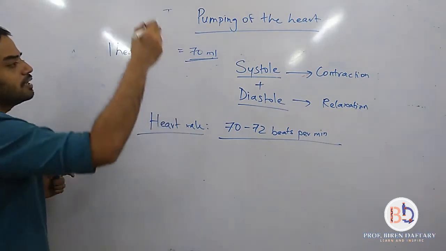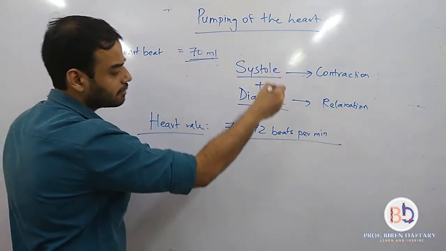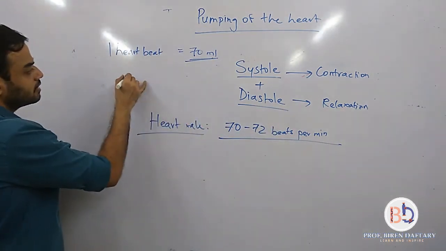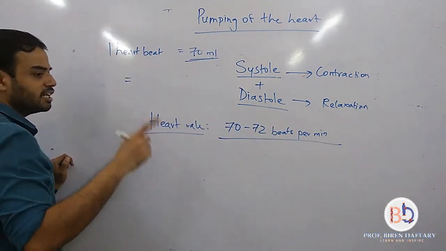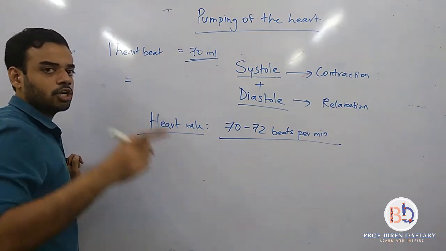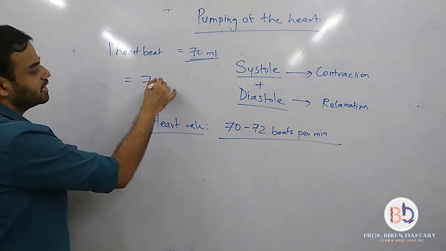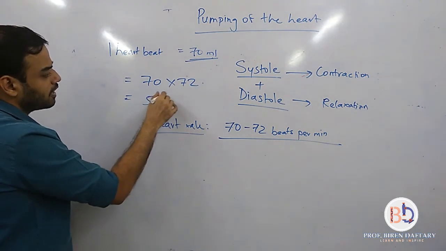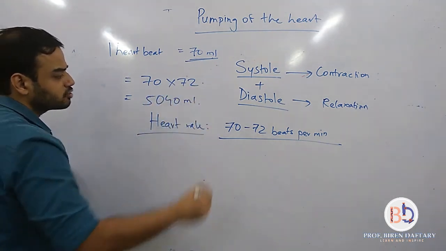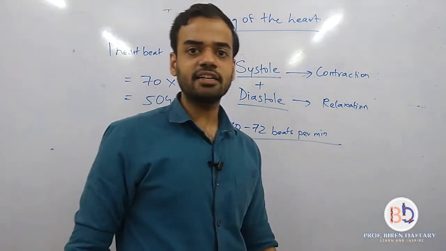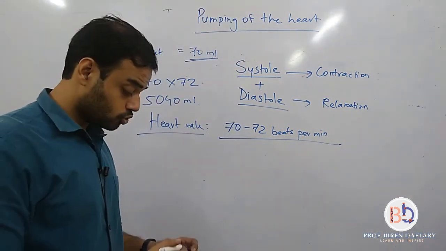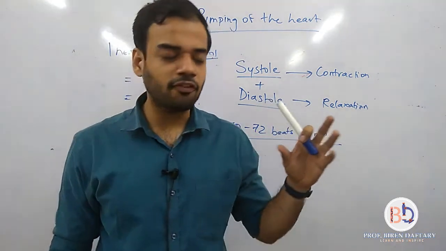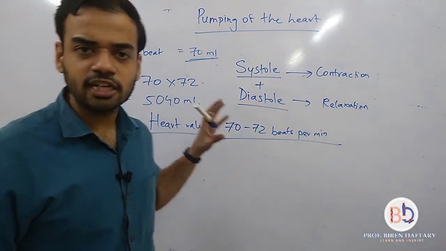Very simple. 70 multiplied by, just imagine if the heart rate is 72, then the total volume of blood in 1 minute pumped by the heart or the left ventricle will be 70 into 72, which is approximately 5040 milliliters or 5 liters. So in 1 minute your heart is pumping 5 liters of oxygenated blood to the body.